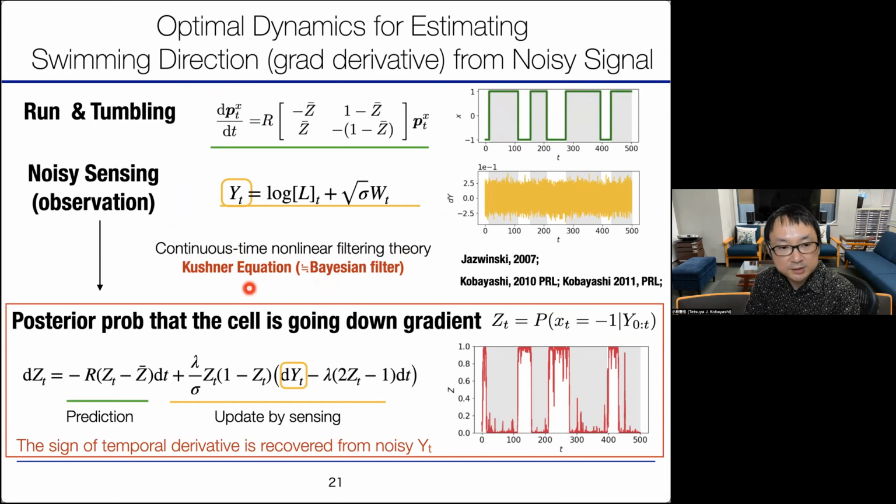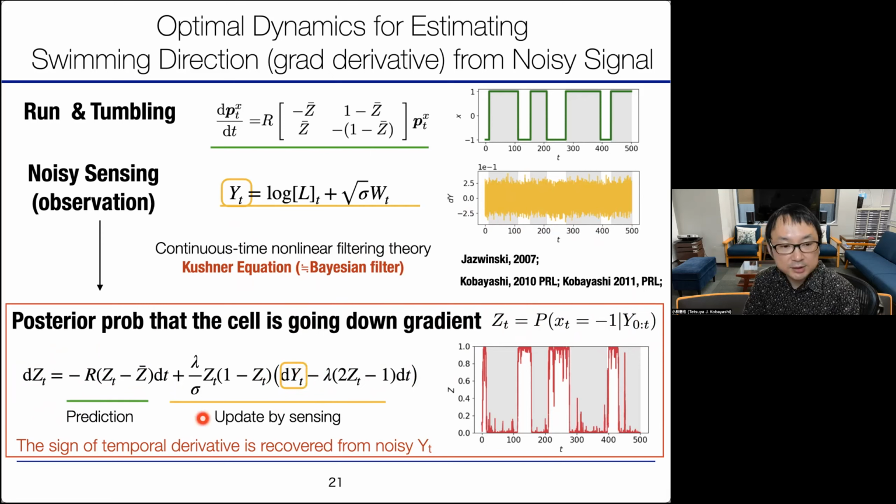Specifically, we use the Kushner equation, which is equivalent to the Bayesian filter, to obtain the dynamics of Z. This Z is the posterior probability that a cell is going down the gradient, estimated given the whole history of the noisy sensory signal. So this Z should be computed by this stochastic differential equation driven by this noisy Y alone.